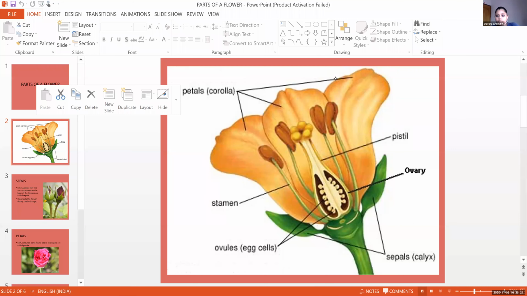At the end of the pistil you have the swollen part called the ovary, and inside it you have bead-like structures called ovules. On the right and left side of the pistil you can see small stamens also. They have an orange colored and a green colored filament. Understood? Yes, ma'am.